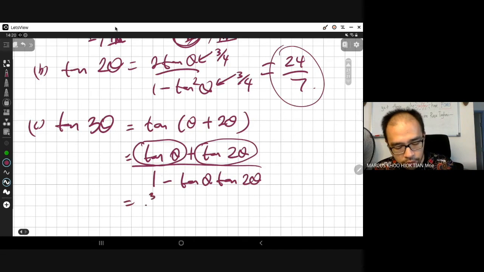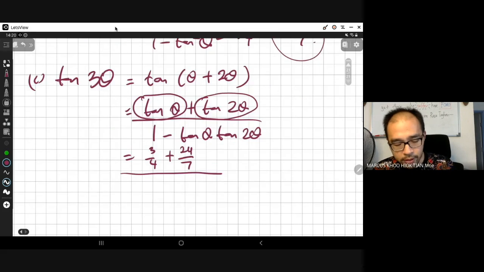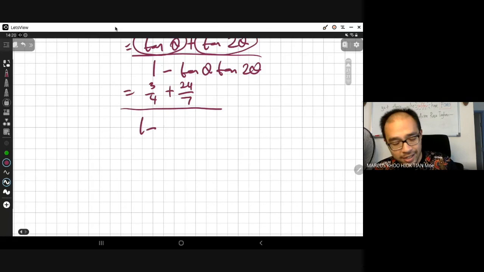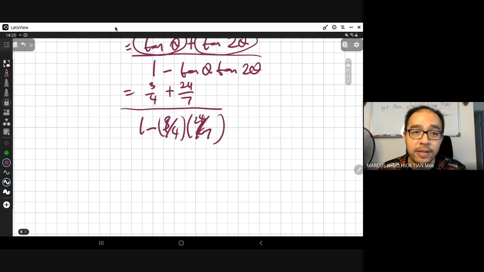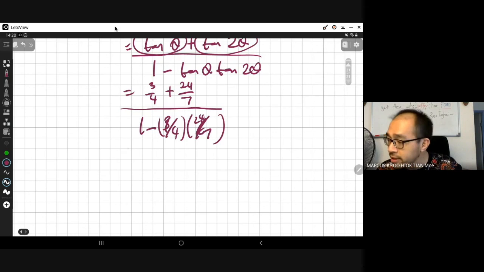So 3 over 4 plus 24 over 7 over 1 minus 3 over 4 times 24 over 7. I have run out of time, so I'm just going to rush through this. You calculate this. According to the book, you will get negative 117 over 44.